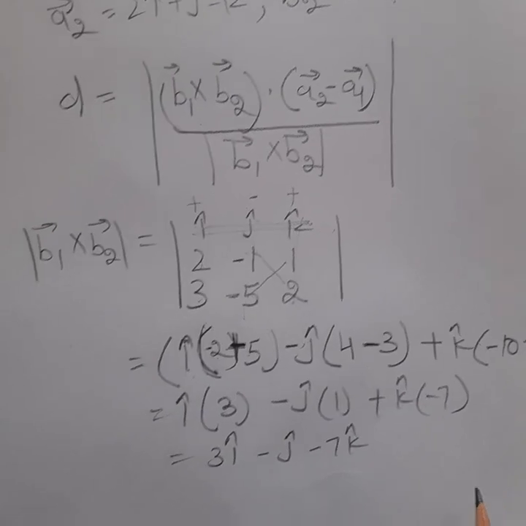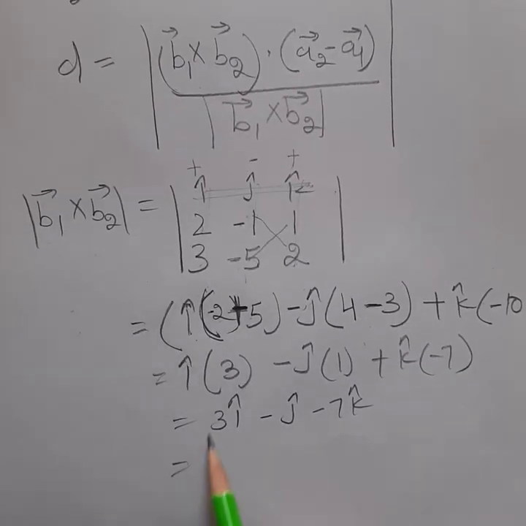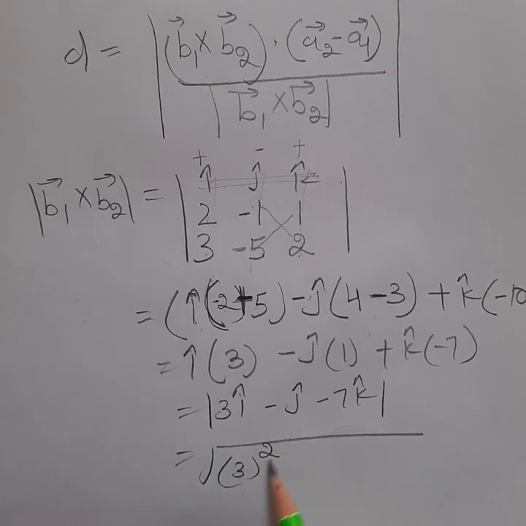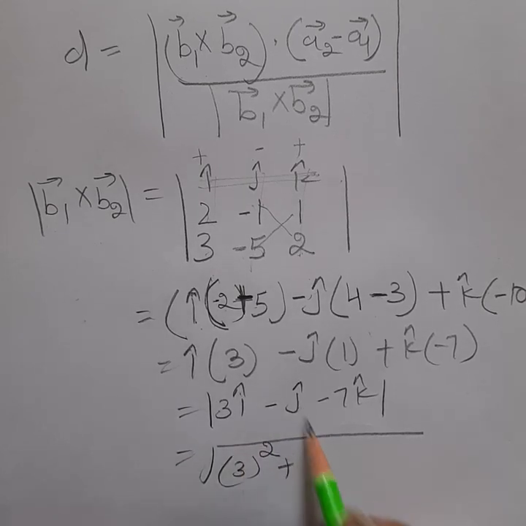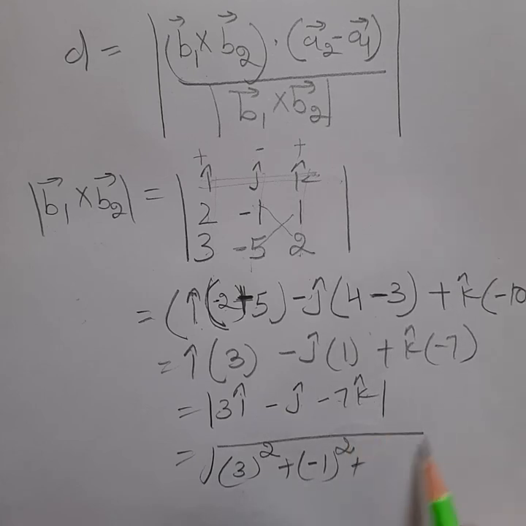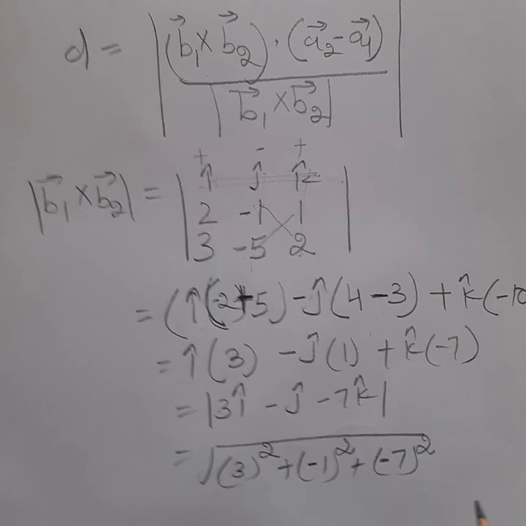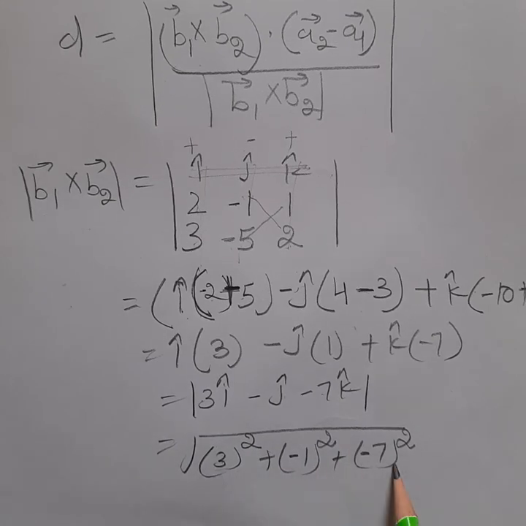Okay students, now you have to find the modulus of this vector. For this, first of all, you write the square of the coefficient of j, minus 1 to the square, and the coefficient of k is minus 7, so you write minus 7 to the square, because we know that the modulus of this vector is the square root of the squares of the coefficients of i, j, k.